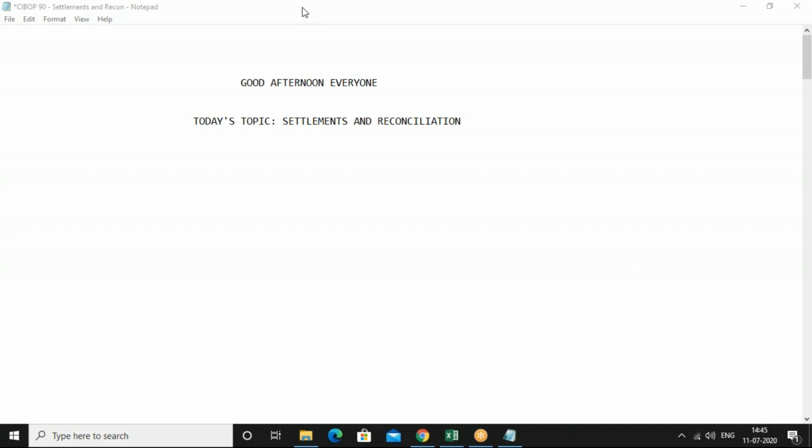Now, the settlement function is broken up into three sub functions. The first is what we call pre-settlements. Pre meaning before.